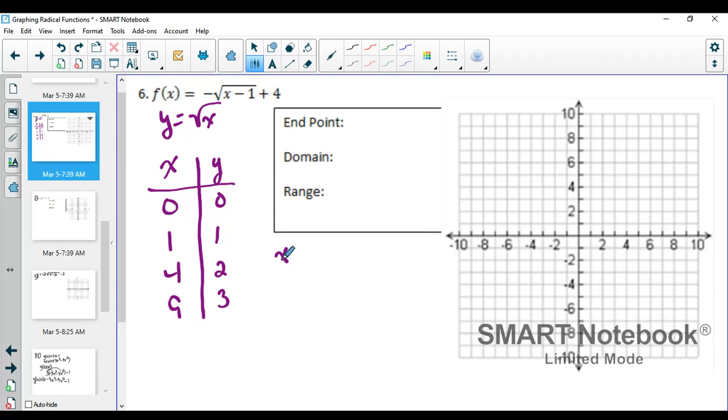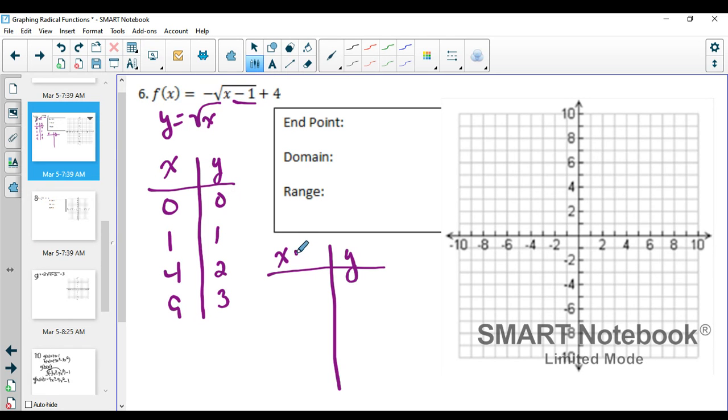Now, we're going to make some changes to it, just like we did with exponential functions. So, h is the one that changes the x's. So h is this one. So it's -1 underneath the radical sign, but it means it moves 1 to the right.